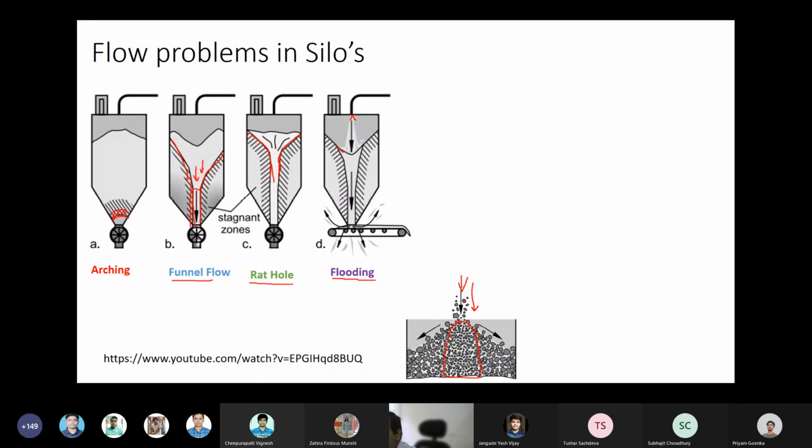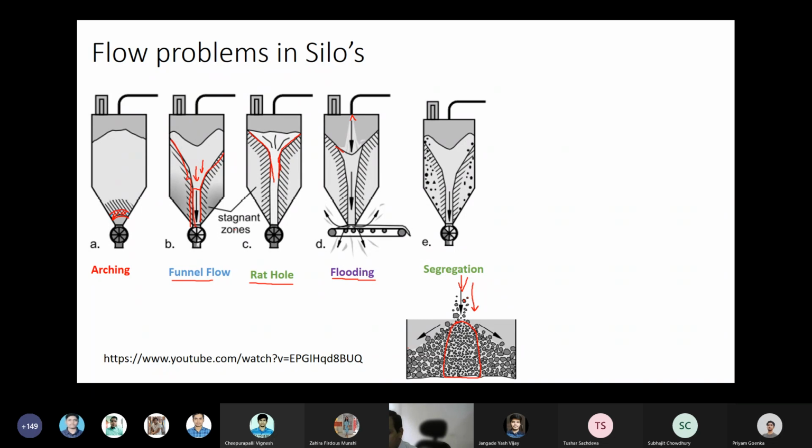That is why, if there is a possibility, we can maintain a uniform size. If not, we have to use other techniques to avoid the segregation. Whenever there is segregation, you can see the formation of stagnant zones, funnel flow, and rat holes. This is one of the important reasons for the formation of stagnant zones.